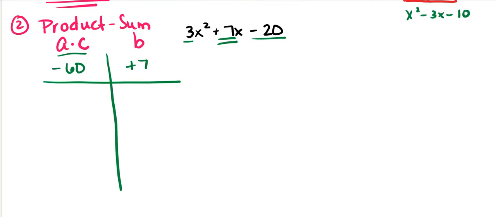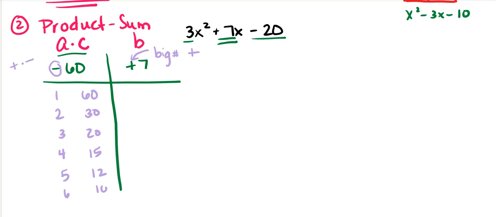I know that if I want to multiply to be negative, then I've got to have a positive times a negative or vice versa. If I want to add to be positive, then my big number has to be positive. 1 and 60, I'll worry about signs in a sec. 2 and 30, 3 and 20, 4 and 15, 5 and 12, 6 and 10, 7 doesn't work, 8 doesn't work, 9 doesn't work, and 10 is already on my list.